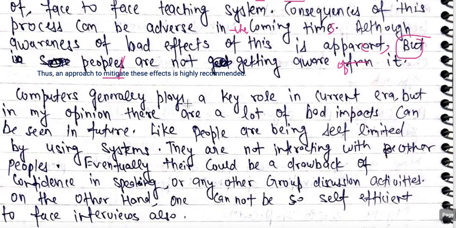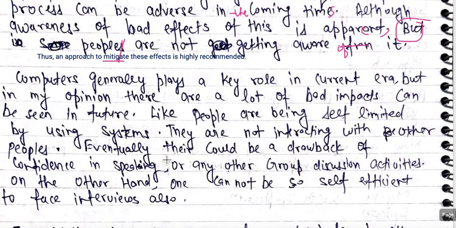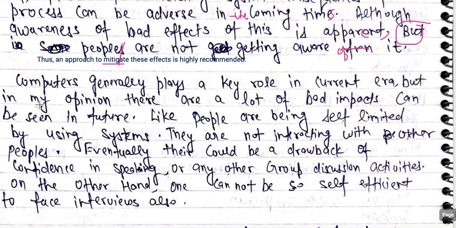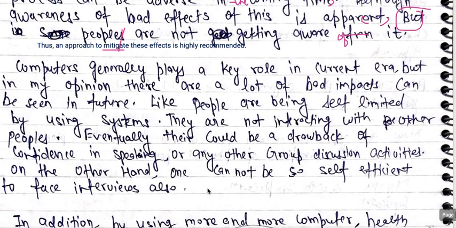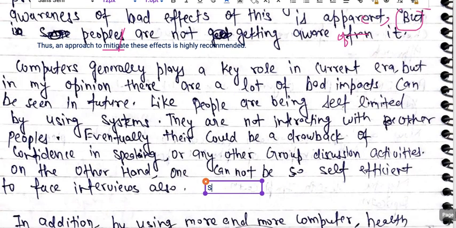Computers generally play. Now look, this is another subject-verb agreement rule: when you have a singular subject, then you will have a verb with s or es. For example, computer plays an important role. Okay.